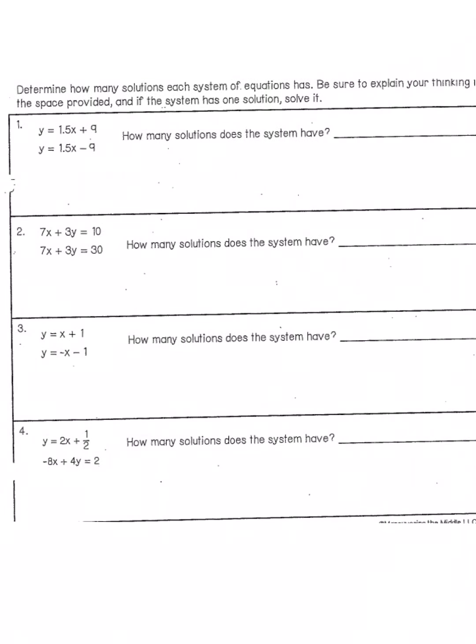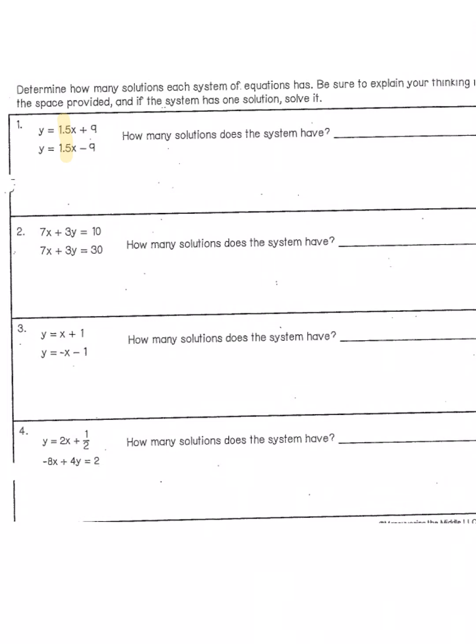If we look at the first equation, we're going to notice that these have the same exact slope. Remember, the slope is the number in front of the x. Notice these equations are in the form y equals mx plus b. Remember, m is your slope. So they both have a slope of 1.5.